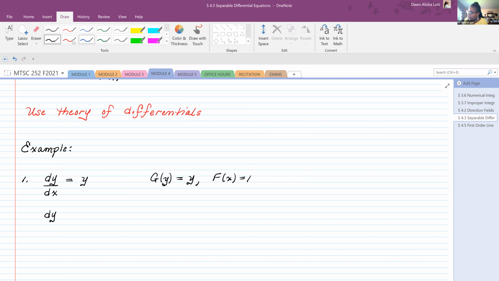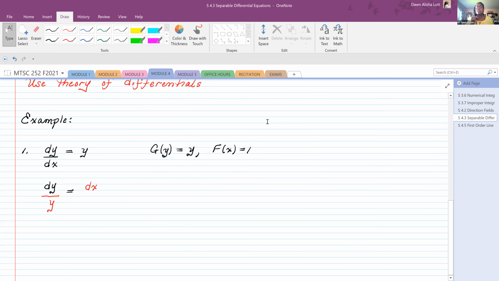I'm going to bring the y down here and the dx up here, kind of like I cross multiplied in a sense. I divided by y on both sides and multiplied by dx on both sides. Everybody okay with that? That's real simple.